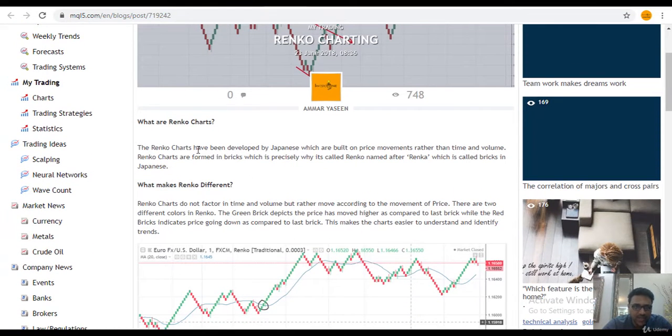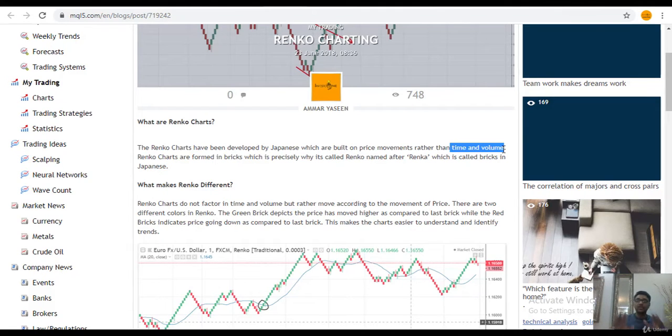So the Renko charts were developed by the Japanese, and are built on price movements rather than time and volume. So Renko charts are basically charts that do not take into account time and volume.